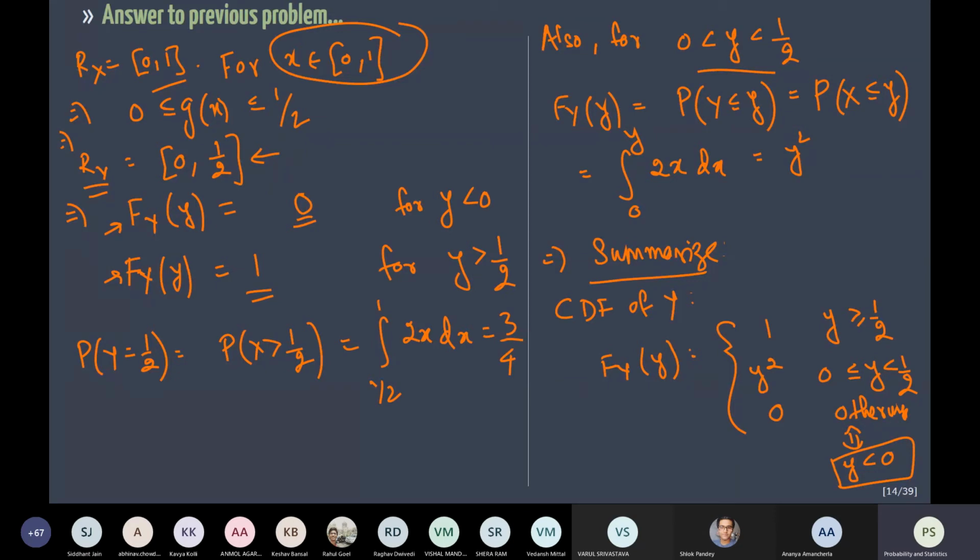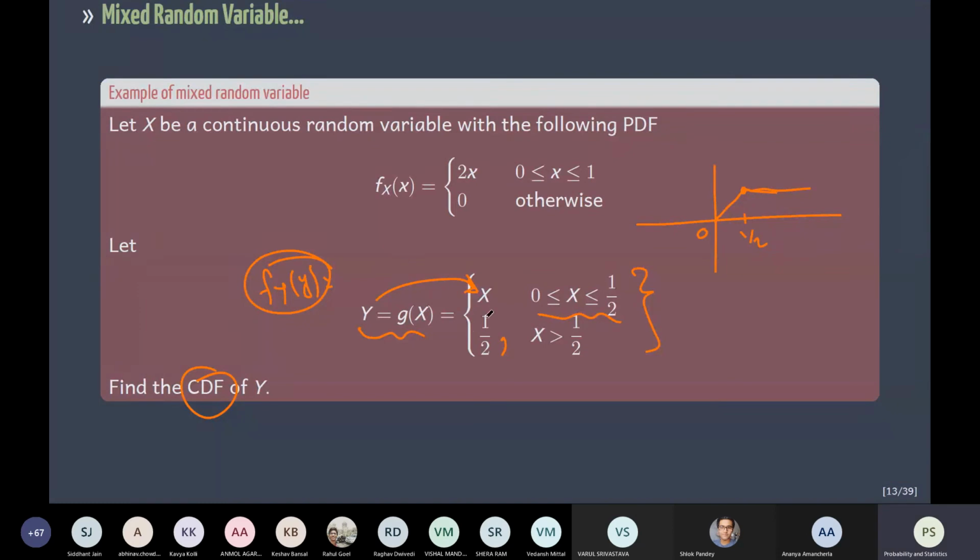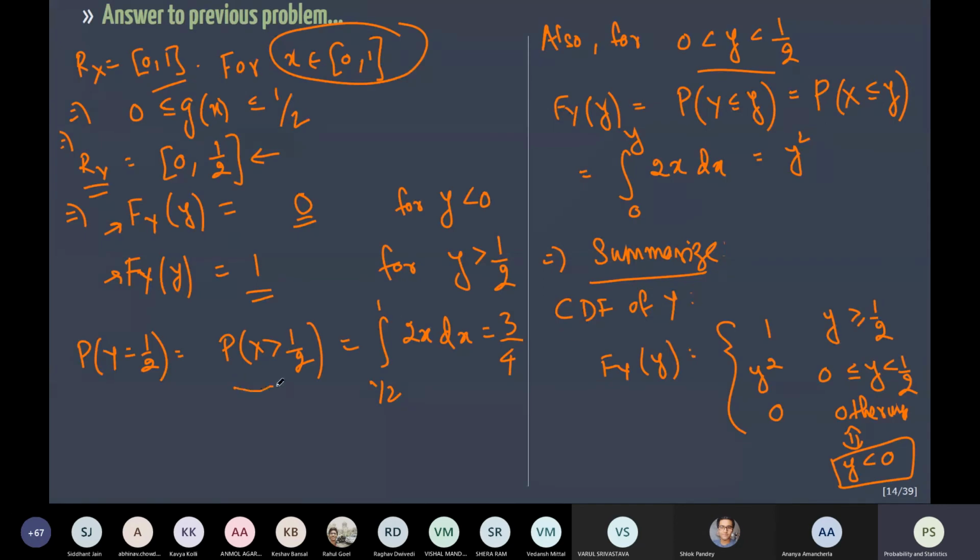Because at y equal to half, I suspect there is a discontinuity here, which is coming out to be true. If y equals half, this happens only when x is greater than half. So this is the same thing as saying x is greater than half.